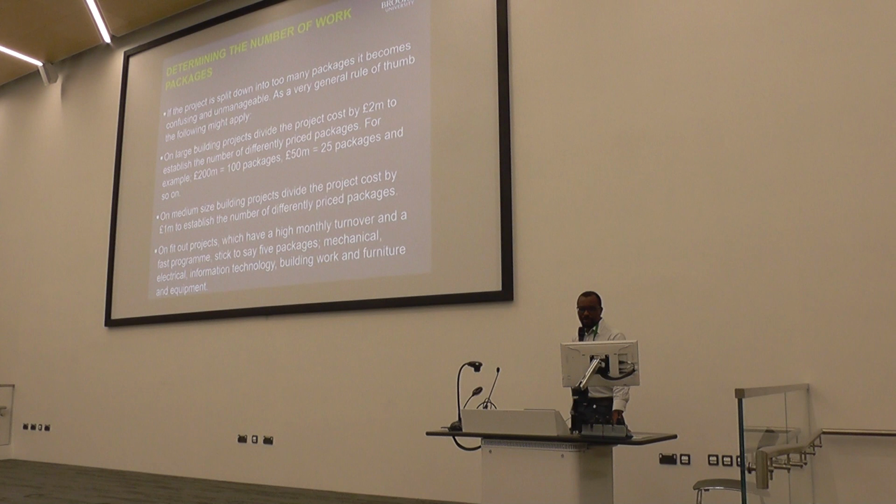And then when you're doing fit-out work, which tends to have a high monthly turnover because you have so many different subcontractors coming and going on the site. Like we did mention the electrical work, you probably have so many different ones. So it's best to just identify it as electrical works, right?